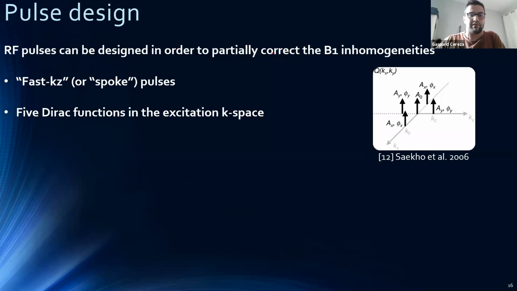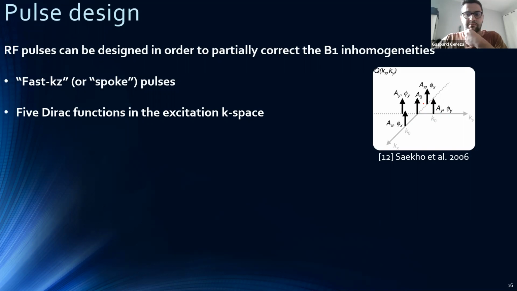It's composed of Dirac functions in the excitation k-space. The excitation k-space is not exactly the k-space where we will measure the images where we acquire the signal, but it's an excitation space where we will deposit the energy that will flip the angle.